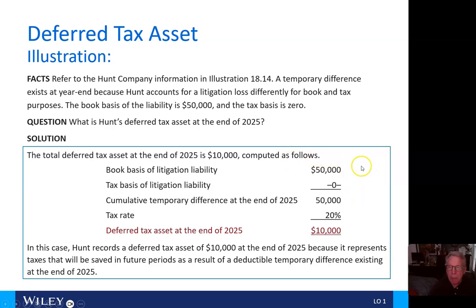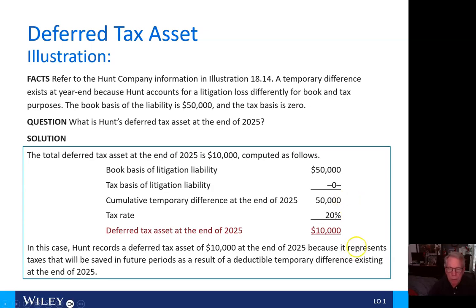And we compute that by taking the book basis of the litigation liability here and the tax basis of the litigation liability here, and that results in a cumulative temporary difference at the end of 2025 of $50,000.